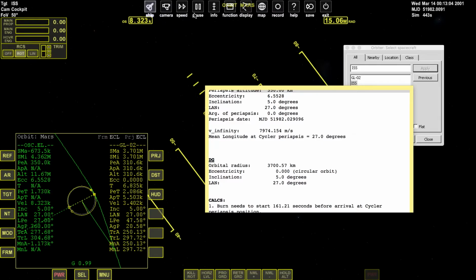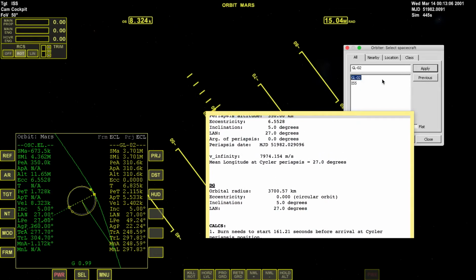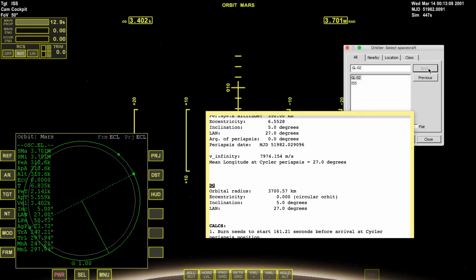So we'll go to ship, select GL02, go apply, and you can see that we're in a circular orbit with a radius of 3,701 kilometers, which is the target orbital radius that we want for our initial starting orbit to rendezvous with the Hermes equivalent. Our eccentricity is indeed 0, so we are in a circular orbit.